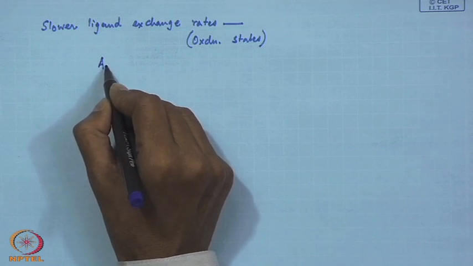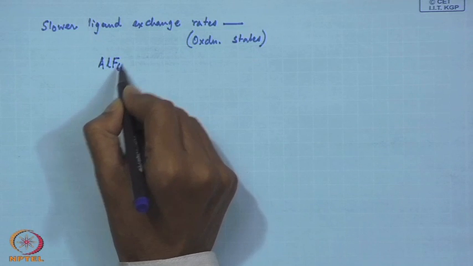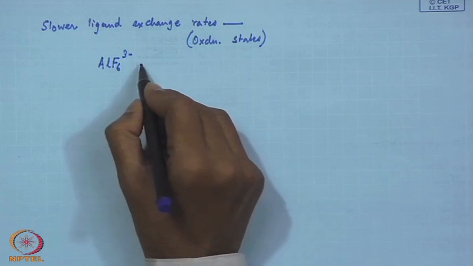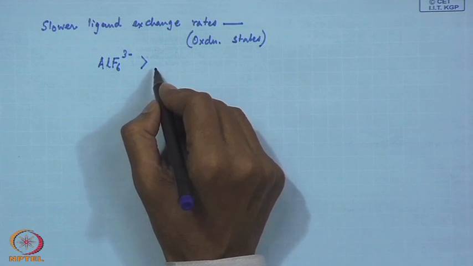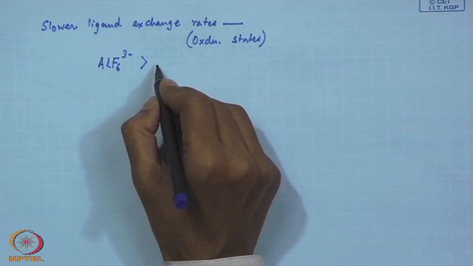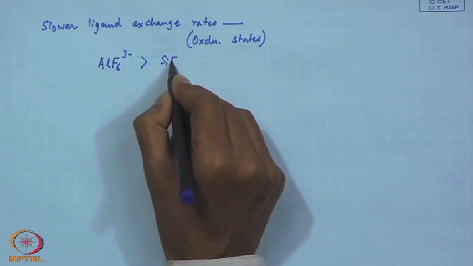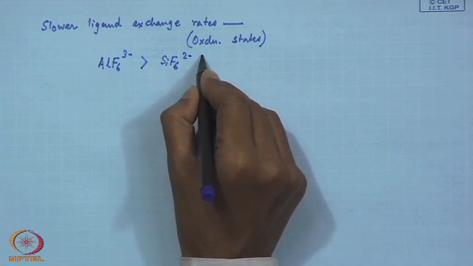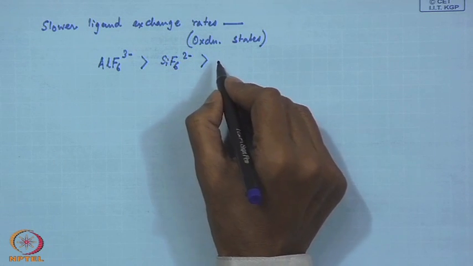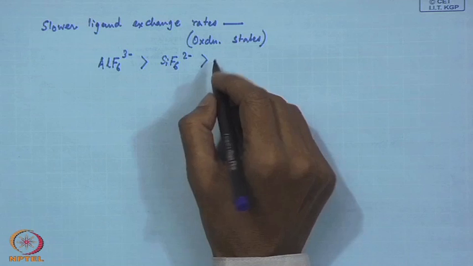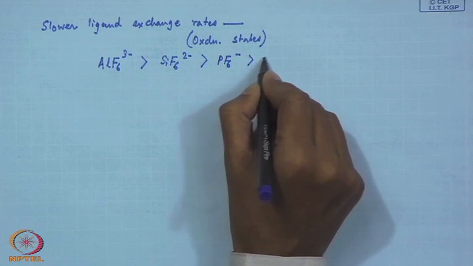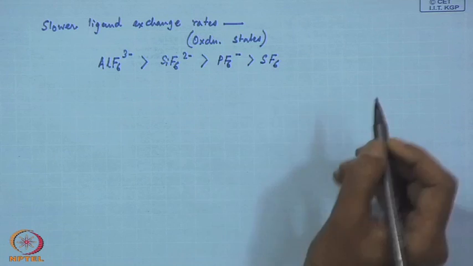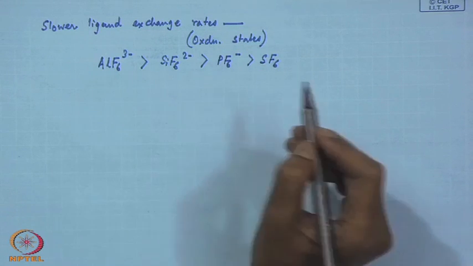If it is dependent simply on the oxidation state, the rate of the reaction is greater for hexafluoroaluminate, then SiF6 2 minus, where the oxidation state is different, then PF6 minus, which is greater than SF6, where the oxidation states are 6, 5, 4, 3.